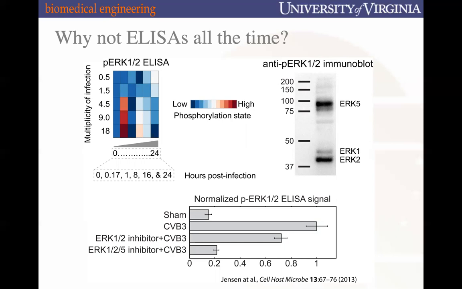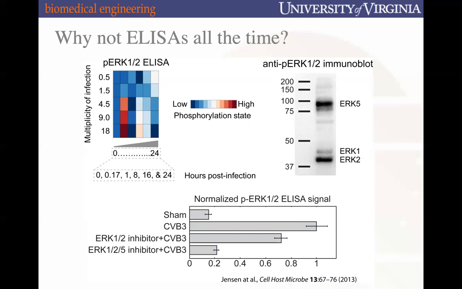The antibody that recognizes phosphorylated ERK1 and 2 can be run on an ELISA, but if you take that same antibody, it actually binds to ERK5 as well. And ERK is one of those proteins at the center of everything, so being able to properly detect it is important.